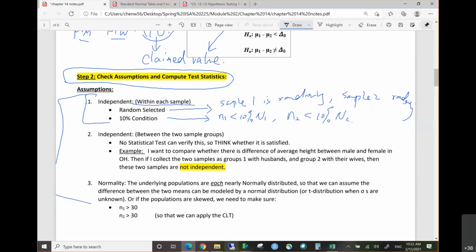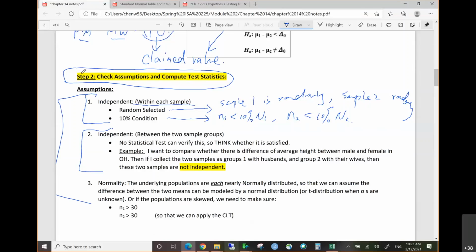Okay, so I think this assumption is easy to understand. Next, think about now I have two samples from the two populations. I want to make sure everything is independent. Another thing we need to check is that the two samples are independent of each other. Not only the observations in each sample, we want to make sure the two samples are also independent of each other, right?